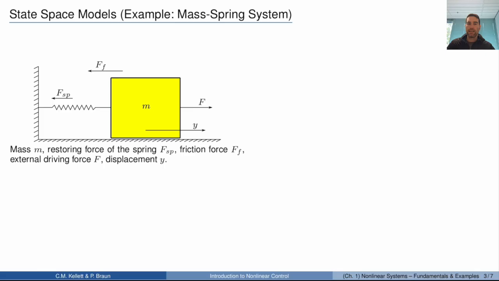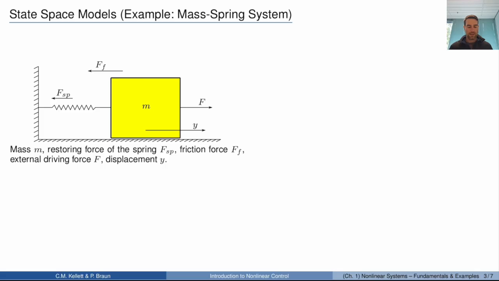Okay, how do we get a system representation like this, or where does a system representation like this come from? As an example, we can look at a mass spring damper system here, meaning we are interested in the position of this mass with a particular weight m, and we set our coordinate system so that this corresponds to the origin, and then we are interested in a displacement of the mass here.